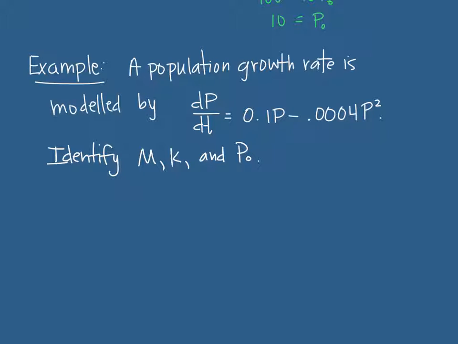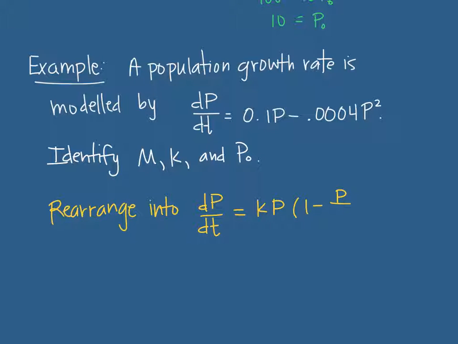Now we know this is logistic because it's not just kp. Just plain old kp would be exponential. This is not kp. So we know it's logistic, and so we need to make it look like, we need to rearrange this into logistic form. So we need to make it look like dp/dt equals kp times 1 minus p over m.